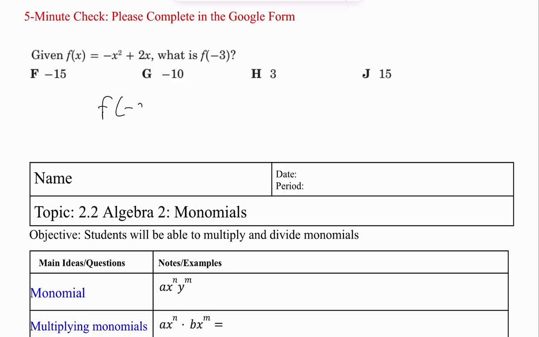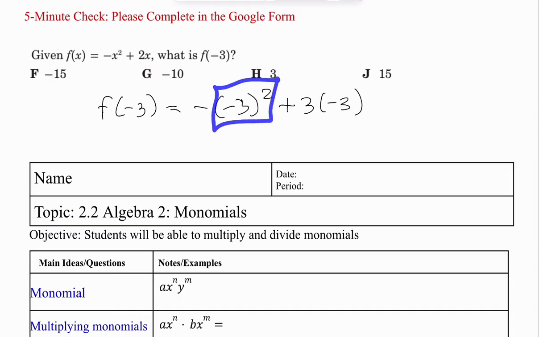If we want to find -3 as an input to our function, the problem comes from the way that you write it. Because the -3 squared means -3 times -3, which becomes a 9.